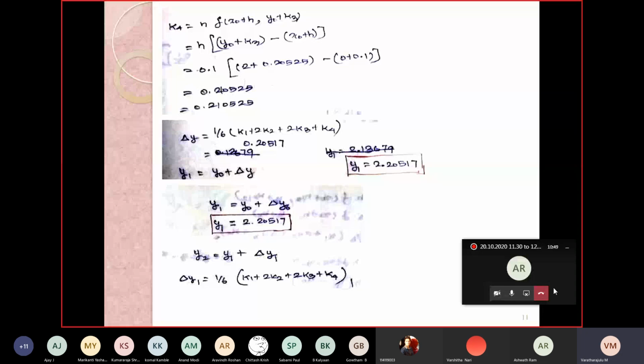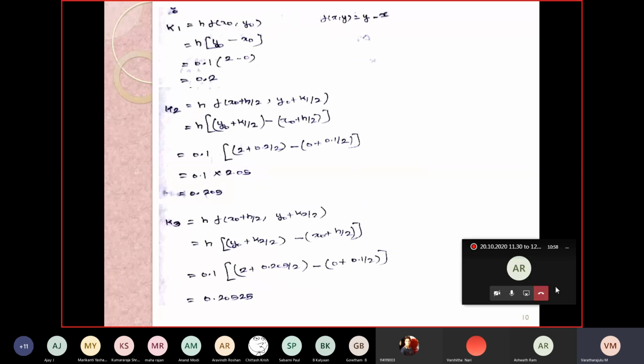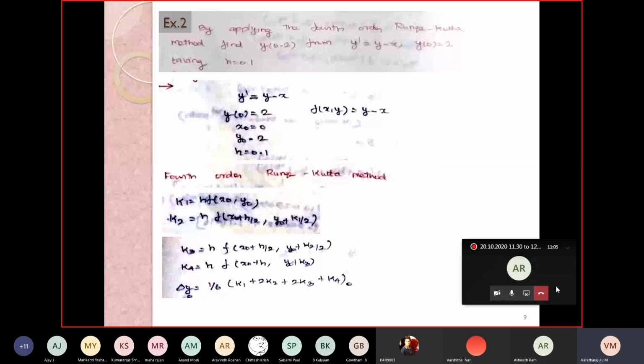2.20517. Similarly, we need to carry forward to find y2, because h in this problem is 0.1, but they are requesting us to find the value of y at 0.2, and therefore we need to proceed with the problem twice.